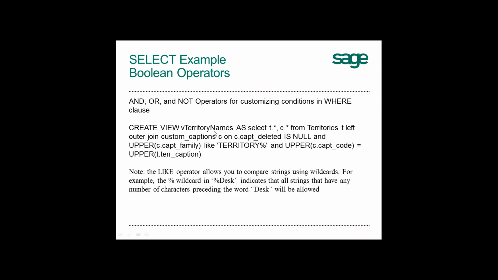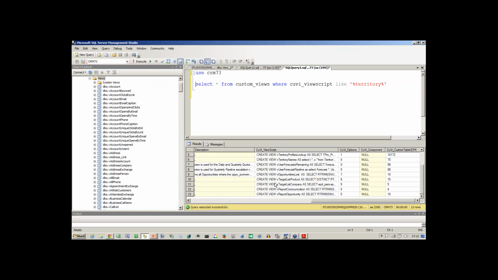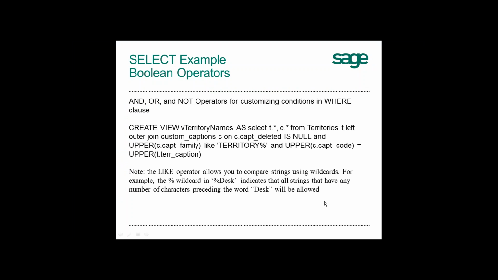And so if I look for territory, it will be one of the views that are shown here, and we can see that this is v territory name select T, and that's a nice one because it's showing us the use of, as I said, the aliasing of both the territories and the captions, and providing a shorthand way of identifying the information. And you can also see the way in which the wildcard is used with the like statement.